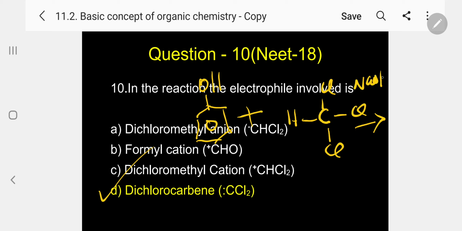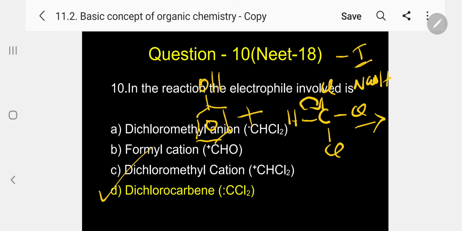So the attacking reagent is chloroform in the presence of a basic medium, sodium hydroxide. So what is actually happening during this reaction? Kindly follow. This hydrogen is going out because there are three chlorine atoms, which have a minus I effect.